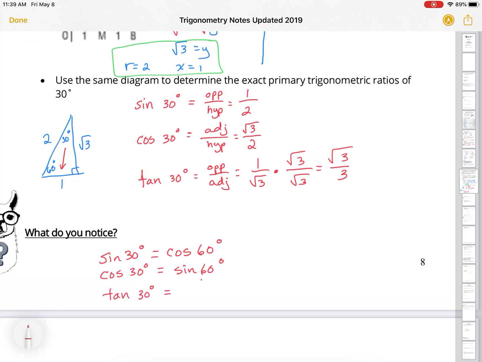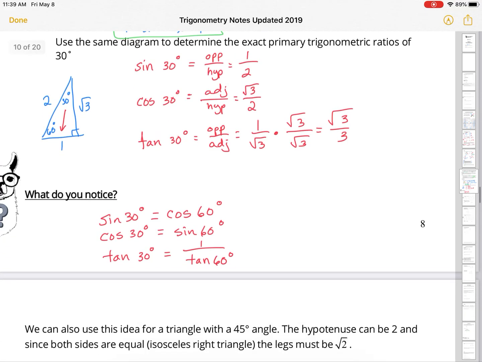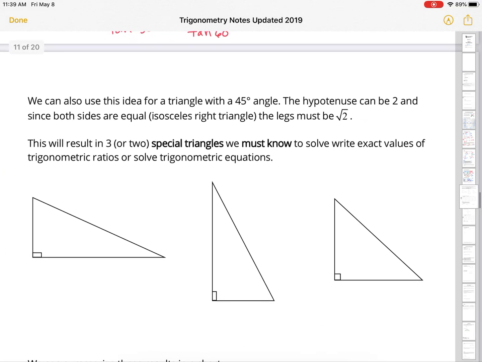Let me write that pretty. And tan of 30 is equal to the reciprocal of tan of 60. So there is a relationship there with those triangles, but you only really need to know one of those triangles, and you know both, okay?